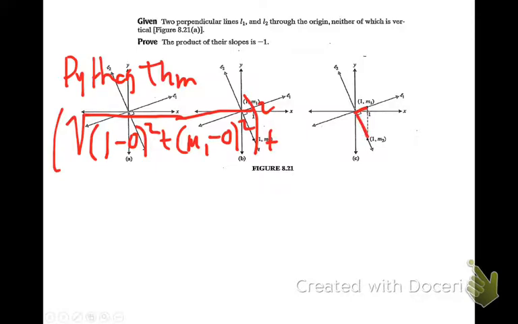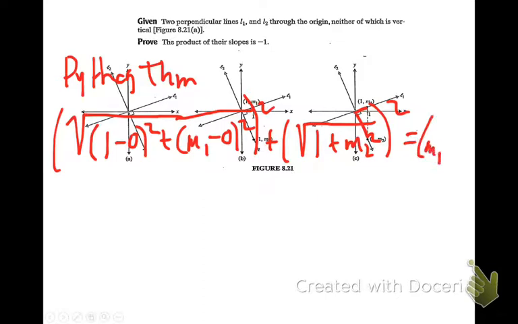That's going to be the square root of 1 plus M sub 2 squared, and that's squared, and that's going to equal the distance between the 2 points, which is, the x value doesn't change, so that would be 0, so it's just M1 minus M2 squared, right?